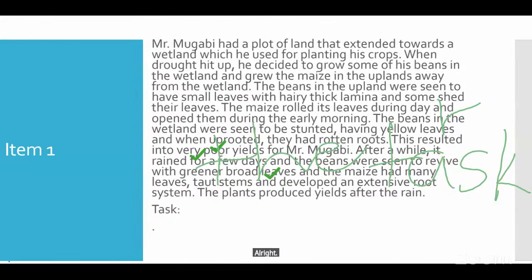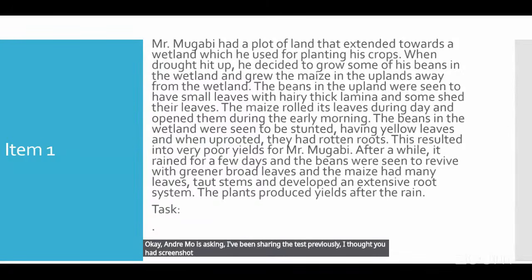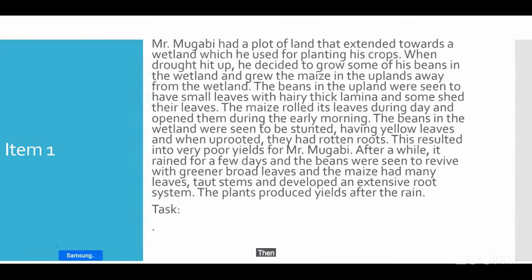All right, so here we had greener leaves, that is one. Broad leaves, that is another one. Then many leaves for the maize and developed extensive root system for the maize.